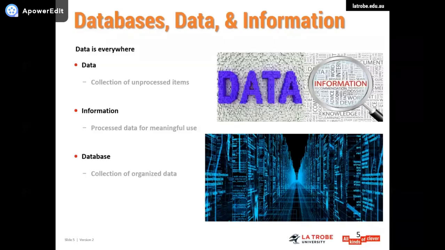In order to process data and change it into information, first we need to find a way to store our data. So we have to use a database. Theoretically, a database is a collection of organized data, but this is the definition from your textbook previously. Nowadays, a database can be a collection of organized or unorganized data as well.